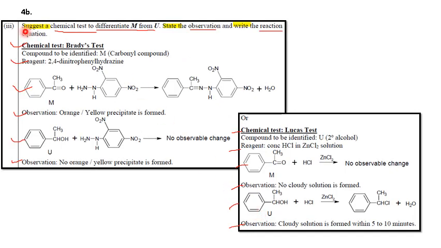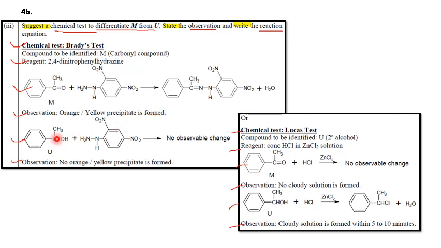Okay, 4B3 suggests a chemical test to differentiate M from U. M is a ketone, and then U is an alcohol. So we can use Brady test. Okay, with Brady test, it will form an orange or yellow precipitate.